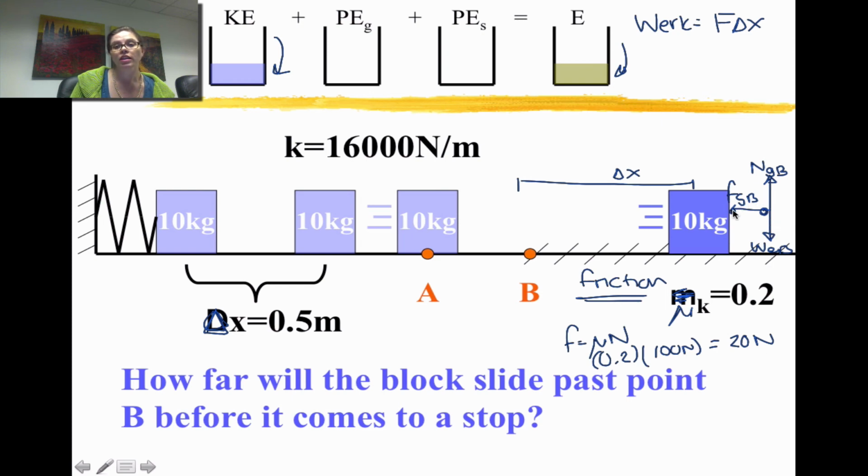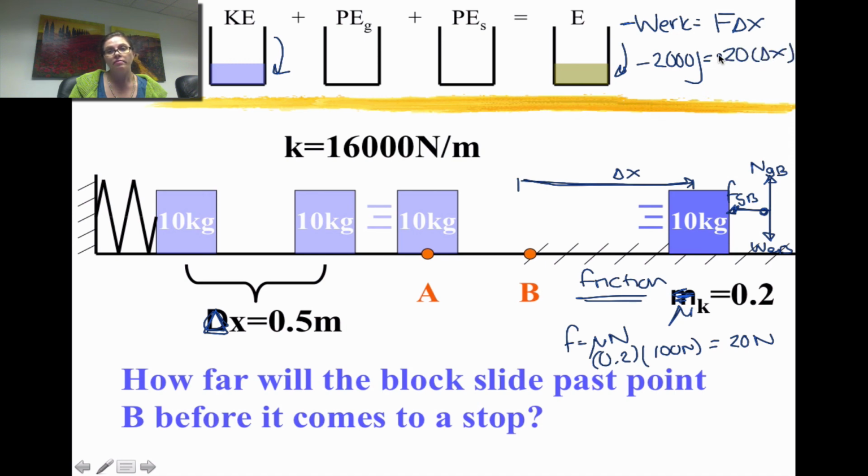Since change in x is going to the right, friction is going to the left. So the work is negative because we're losing energy. So we're losing 2,000 joules. We're not gaining it, we're losing it. And this is equal to 20 times our change in x.